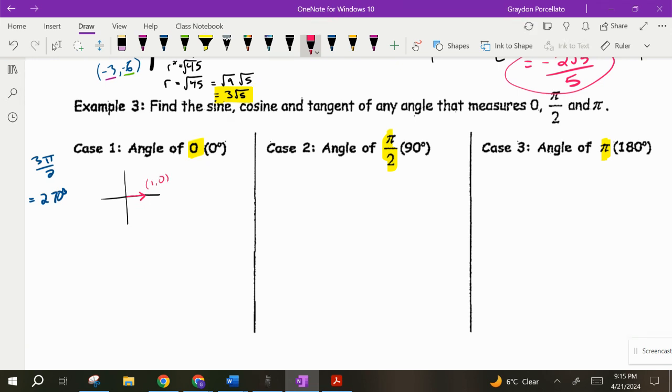And we know that r squared is equal to x squared plus y squared. So r squared is equal to 1 squared plus 0 squared. So r squared is just equal to 1, or r is equal to 1, right? Take the square root. So we know our x coordinate, we know our y coordinate, and we know our r. So I can write out those three trig ratios.